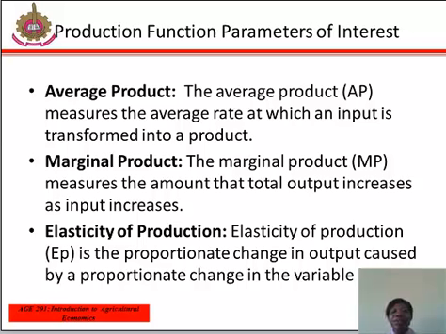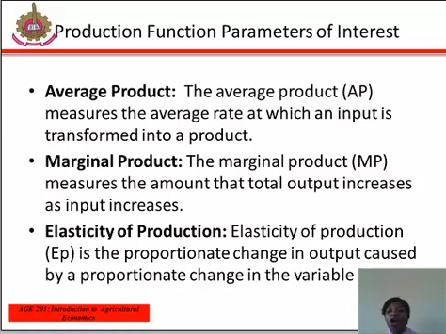Whereas for increasing marginal returns, each additional increase in the input leads to a bigger increase in output than the preceding increase in output. So the change in output increases at an increasing rate.